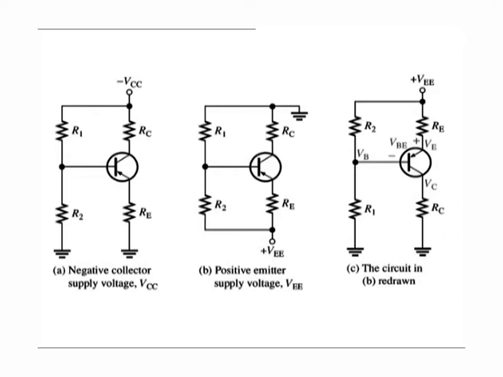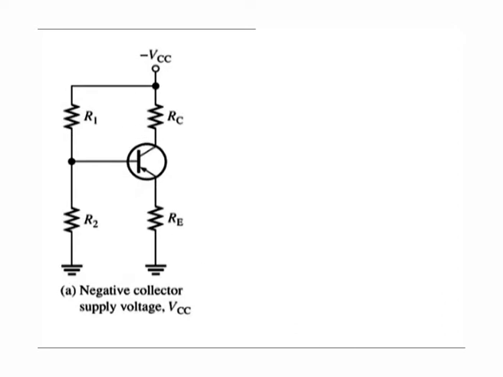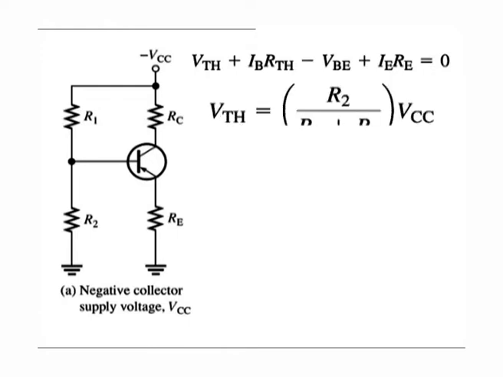The analysis procedure is the same as for an NPN transistor circuit, using Thevenin's theorem and Kirchhoff's voltage law, as demonstrated in the following steps. For figure A, applying Kirchhoff's voltage law around the base emitter circuit gives this equation, where Vth is equal to R2 over R1 plus R2 into Vcc.